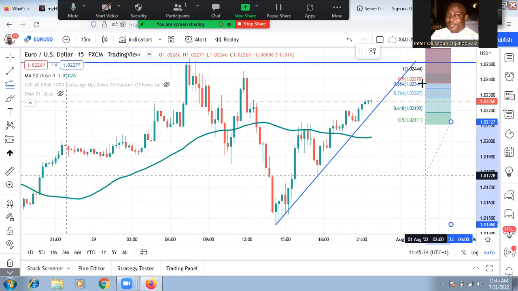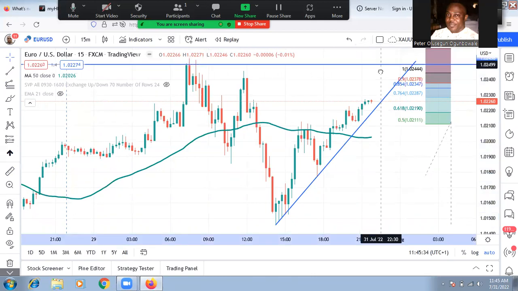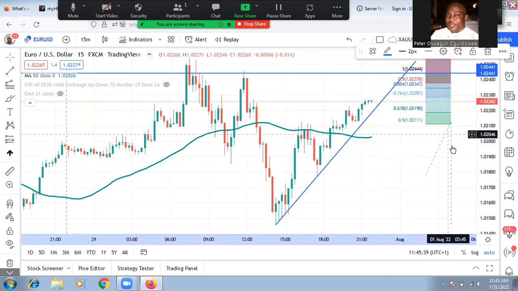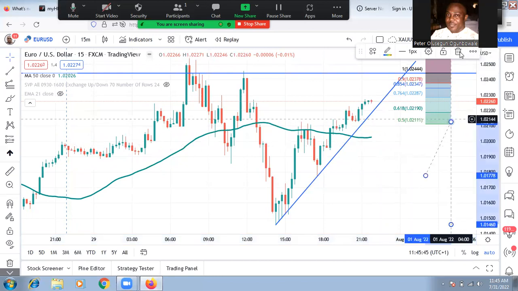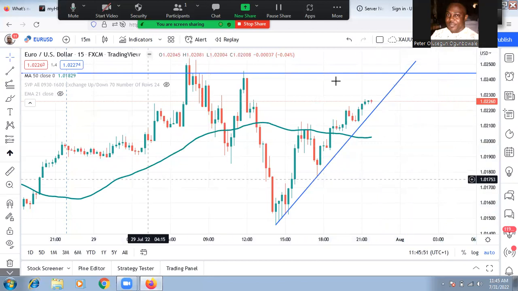So our 100 is around here. It's much better for me to come to a 100 of that structure, which is around 1.024441. That is a better area for me to probably look for a sell.